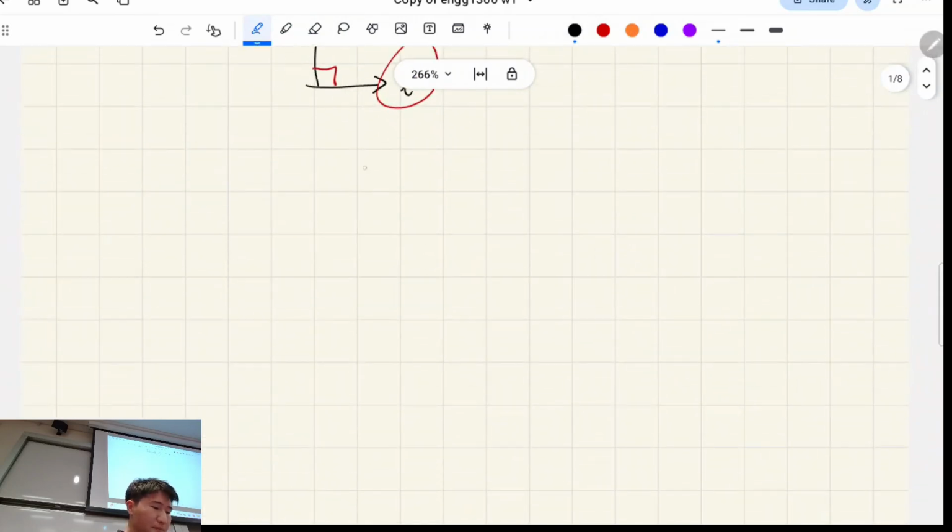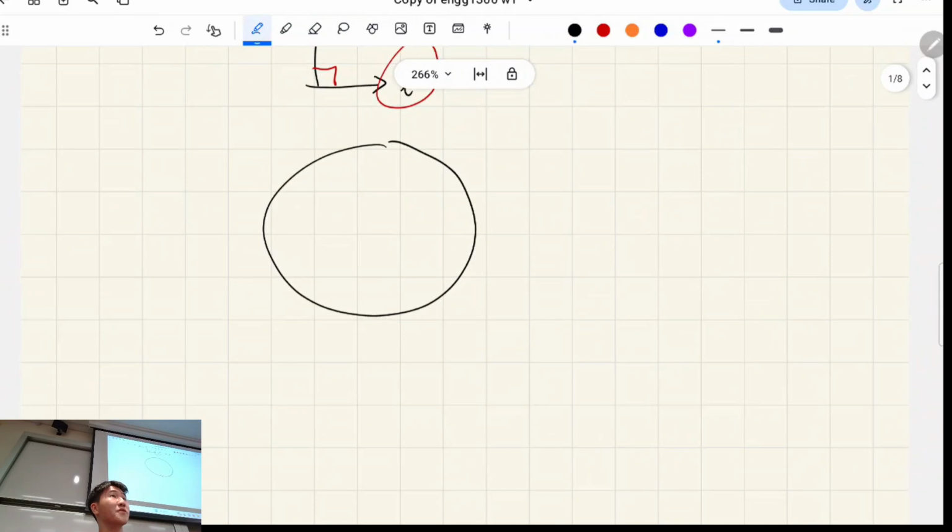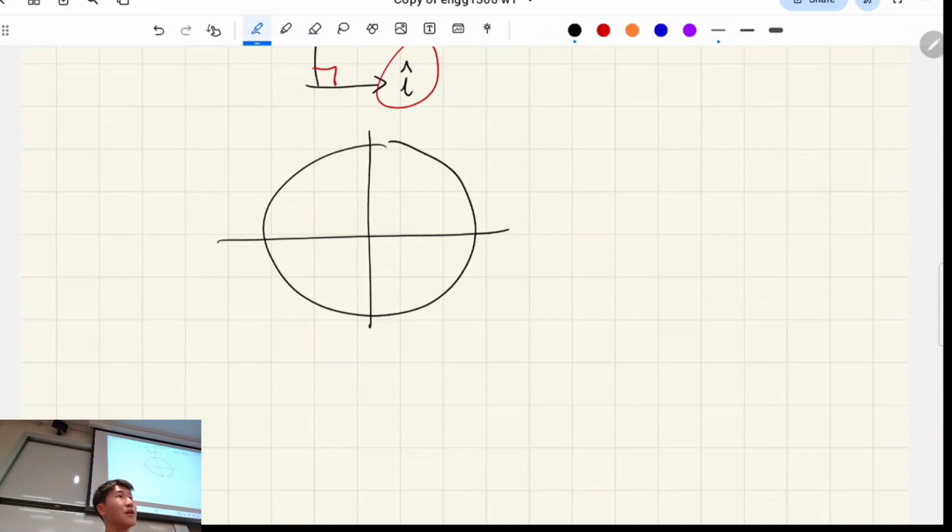Sorry, this is an aside. You guys remember the unit circle back in year 9? Sine, cos, tan stuff. So you have your unit circle, and you have these arrows that represent vectors.